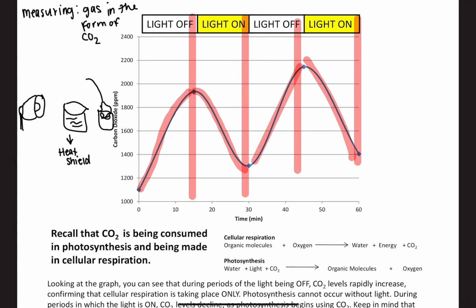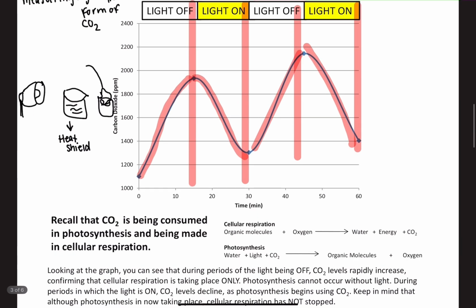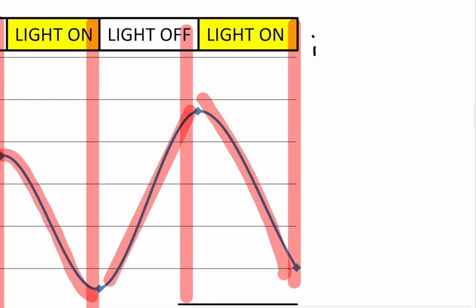That means oxygen was also increasing, because oxygen is a byproduct of photosynthesis. So what we can say is that if carbon dioxide decreased, photosynthesis occurred.